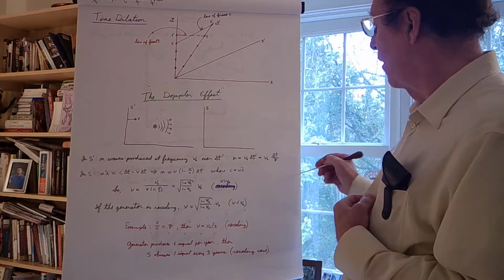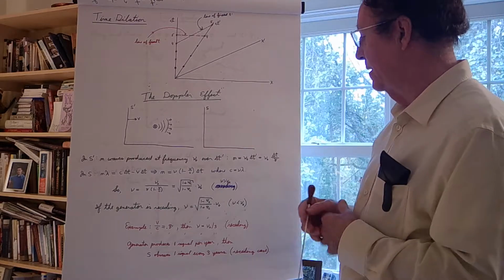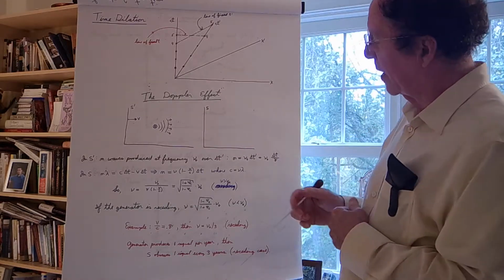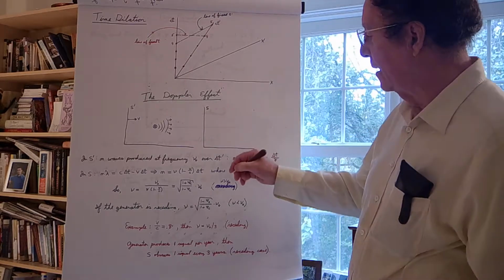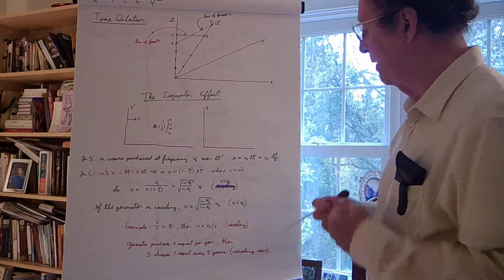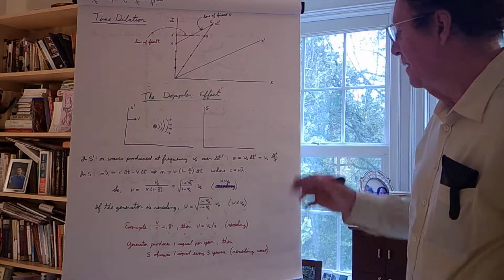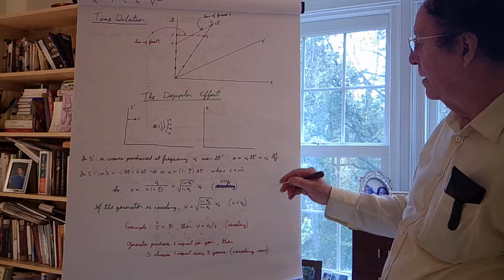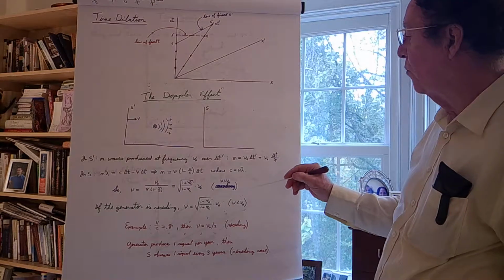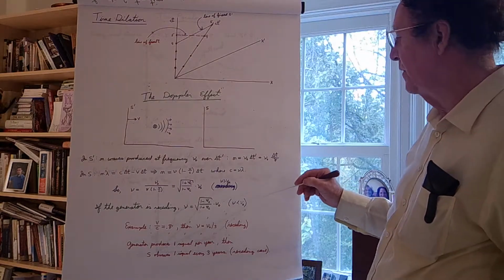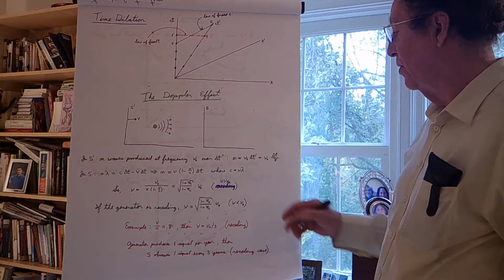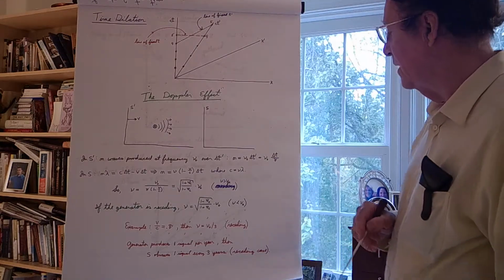Let's take this formula and apply it to a particular case, leading up to my discussion of the twins. I'll take V over C to be 0.8, a very hefty velocity, and that's nice because then the Doppler effect, this square root of (1 minus V over C) over (1 plus V over C), turns out to just be a third. Just do the arithmetic for me.